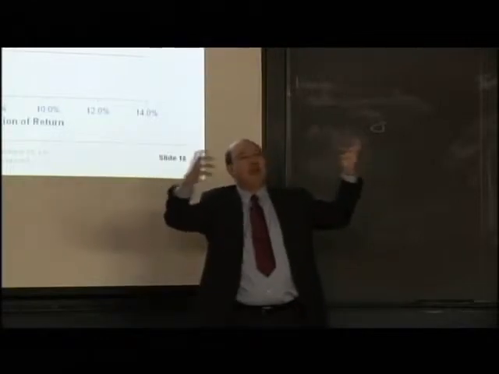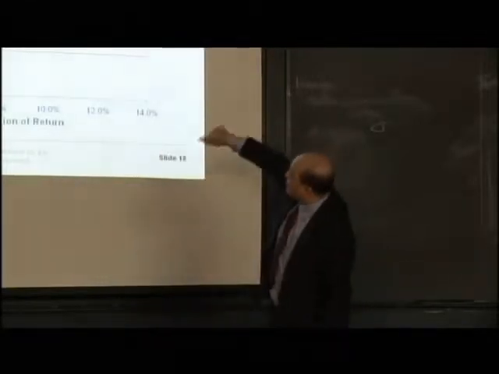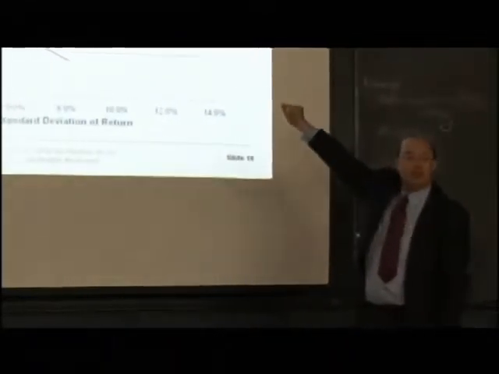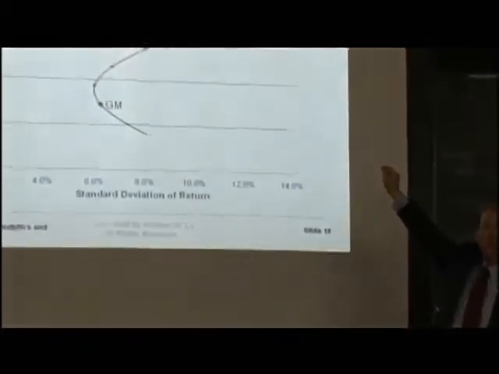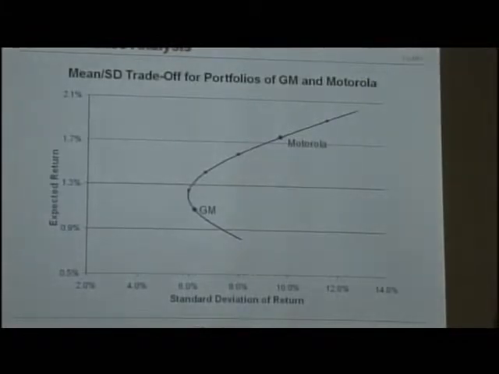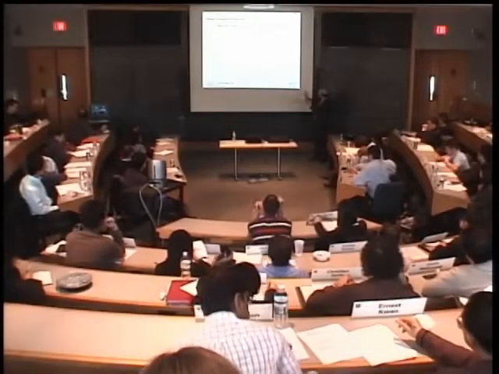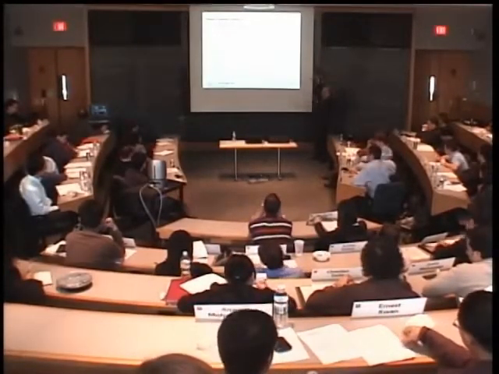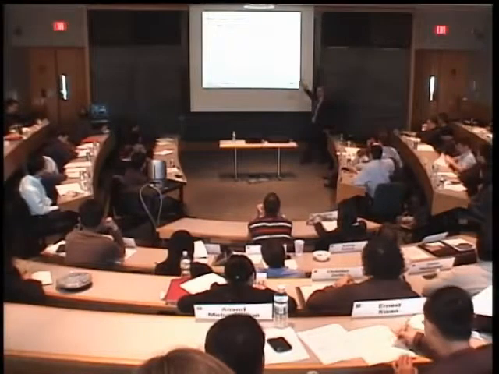And as you vary the weights, you trace this arc, this curve, okay? And as you go beyond either General Motors or Motorola, in other words, as you short sell one to invest more than 100% in the other, you then go outside of the 2 points in either direction, right?